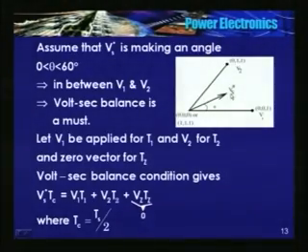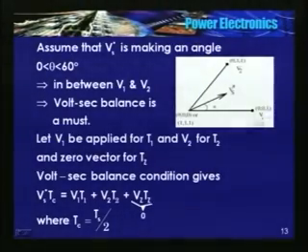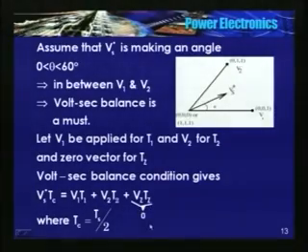Definitely Vs into Tc is the incremental flux that I need to get by switching V1 for some time and V2 for some other time. In this equation, Vz into Tz is 0 because it is a zero vector. The vector itself is 0, so definitely the incremental flux will also be 0.